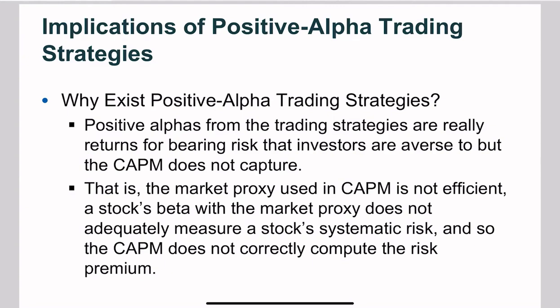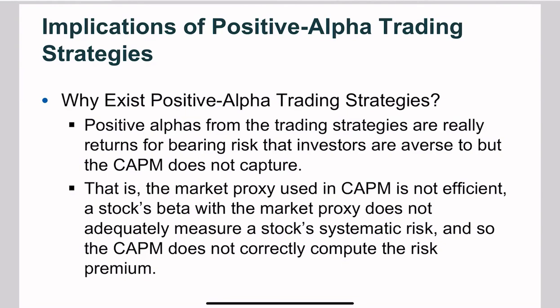Well, maybe market portfolio is not efficient, so CAPM does not fully capture risks. That is, those positive alphas are not additional returns. They're just returns for compensating risks that are not captured by CAPM, right?